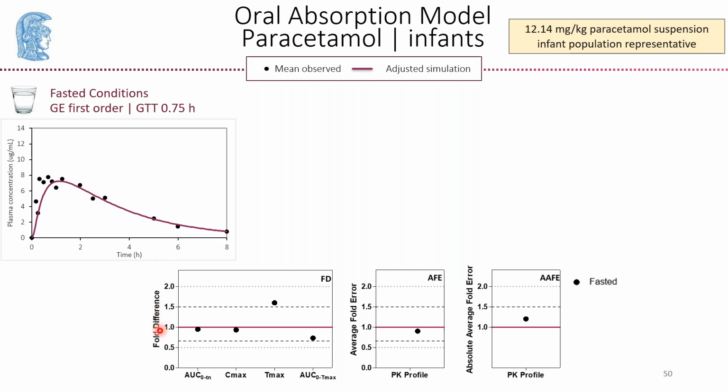Same goes for the fold difference. Although the Tmax is slightly overpredicted, this is probably due to the nature of the data we had, and average fold error and AAFE are well in line. So the simulation was considered adequate.